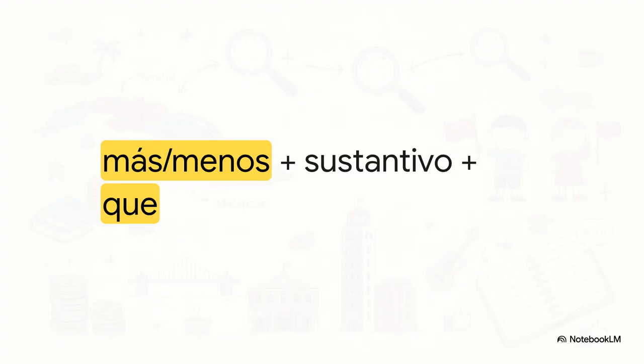I know, matching gender and number can sometimes feel a bit tricky, but I've got great news for you. The crucial point here is that for superiority and inferiority with nouns, the structure wonderfully stays the exact same as it was for adjectives. You literally still just use más or menos plus the noun plus que. There is zero gender or number matching required for the comparison words here.